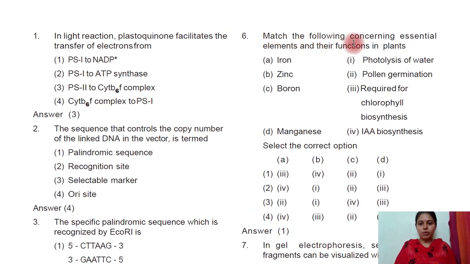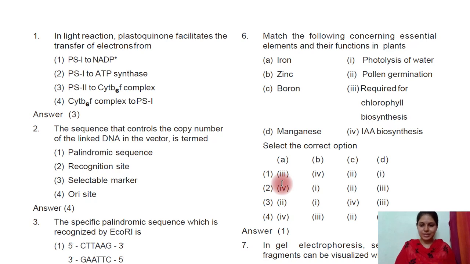Match the following concerning essential elements and their functions in plants. It's a very direct question. Here the answer is 1, because iron is required for chlorophyll biosynthesis.